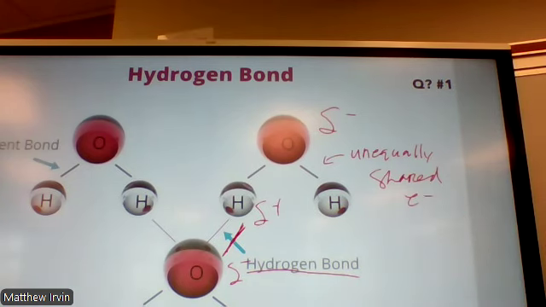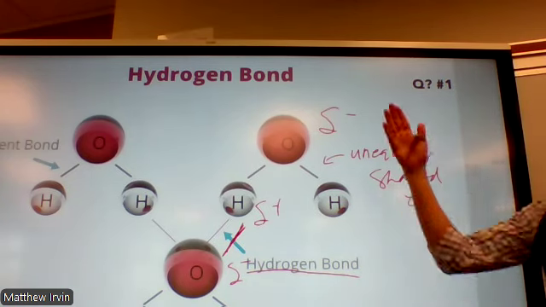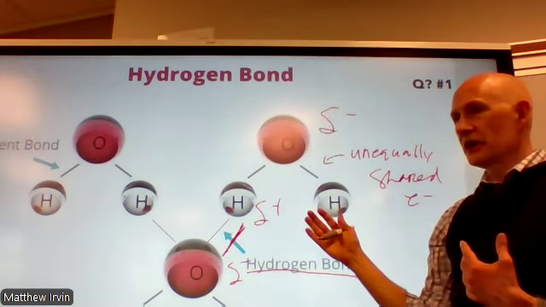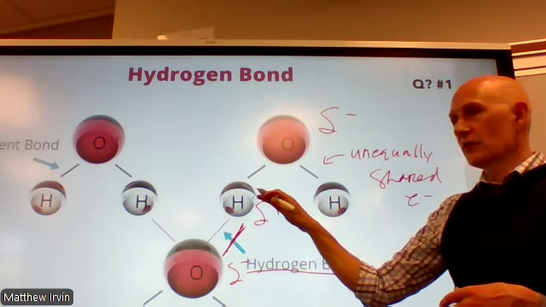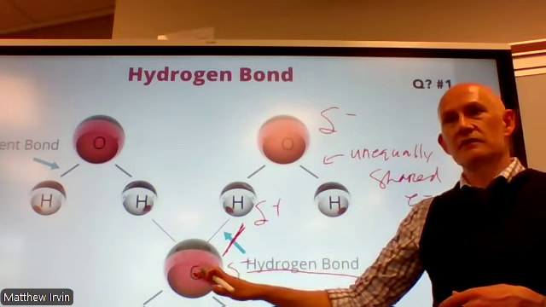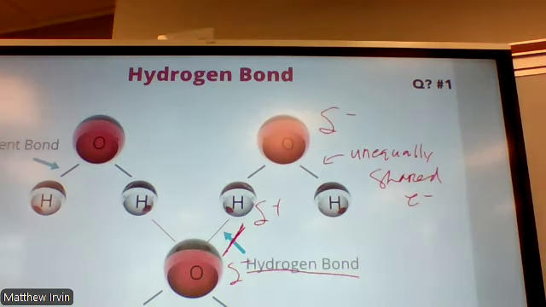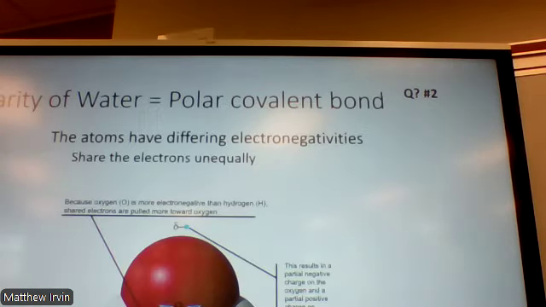So it's still a covalent bond, but we're not playing nice. So the oxygen hogs the electrons, so it becomes negative. The hydrogens become positive, and then the positives of one molecule will be attracted to the negatives of another. We see that in water. That's what gives water all of its different properties.